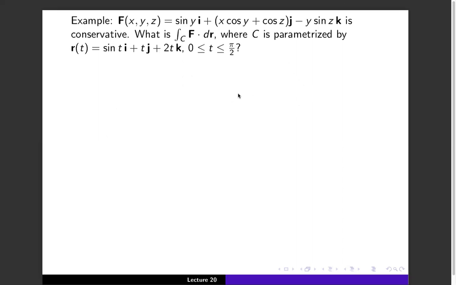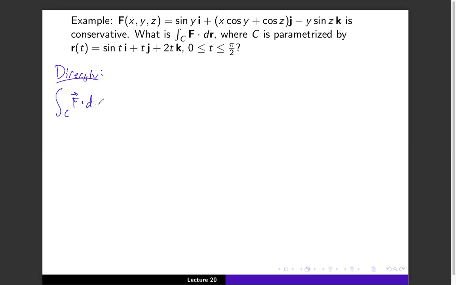Now I want to point out, by the way, what happens if you try doing this directly. This is worth pointing out. Now you might ask yourself, well, wait a minute, we already know how to do line integrals of vector fields. Why do we have to find this other way of doing it? Well, let's see if you try doing it the original way.